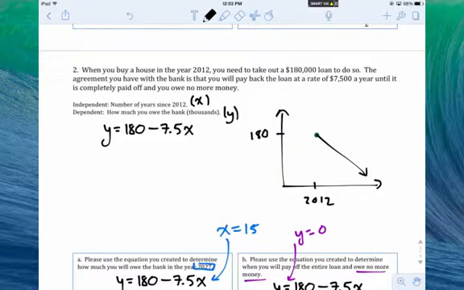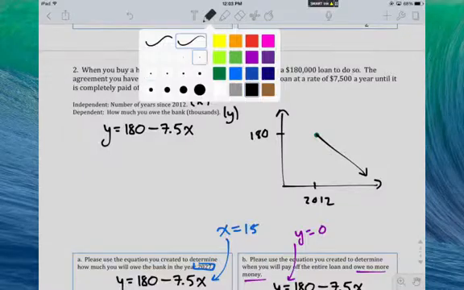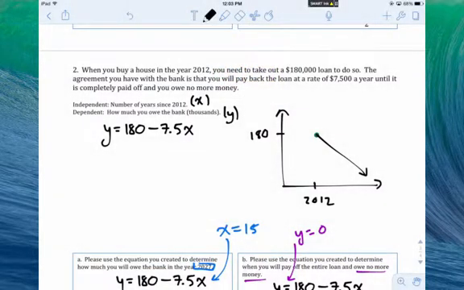Now, how much less do we owe the bank every year? Well, every year that goes by, we owe the bank $7,500 fewer dollars. And of course, this pattern is going to repeat. Every time we go one further year into the future, we owe 7,500 less, again and again.